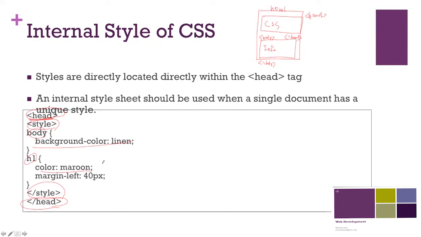But get this, the most important characteristic, but at the same time the limitation of internal style, is that all the style you define in the head section will only apply in that HTML, which means whatever you define over here will only be applied in the body HTML content.